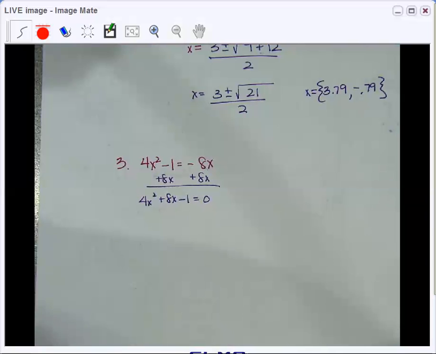Okay, how are we doing? Good. Anybody want to know what number is under the radical? Yeah, what's the number under the radical?